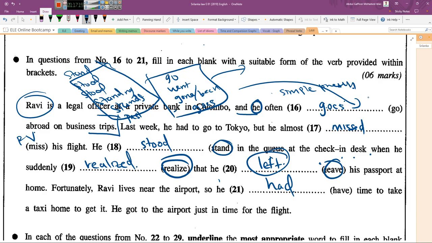So in time means not late, some minutes before, right? Because he was not late. Okay, because since he forgot, what is the reason for telling that he almost missed the flight? Because he forgot, right? So if he couldn't return to the airport in time, he would have missed the flight.